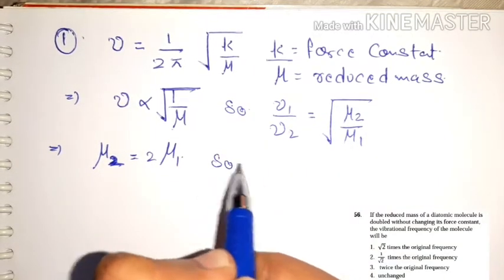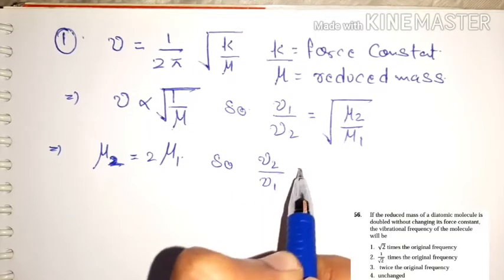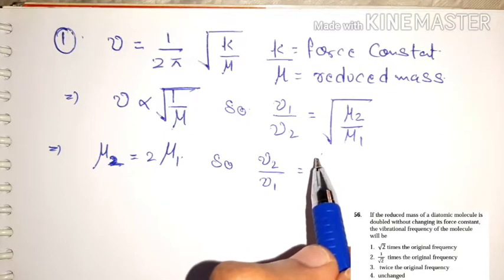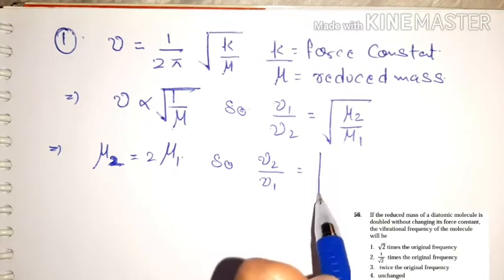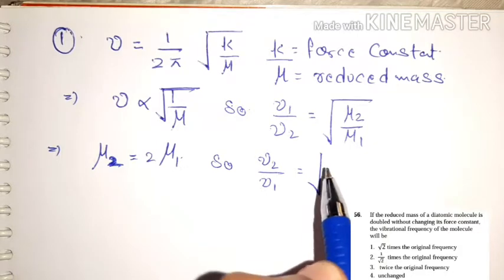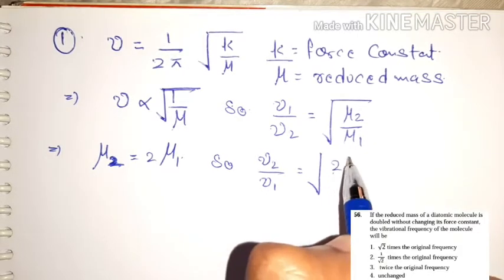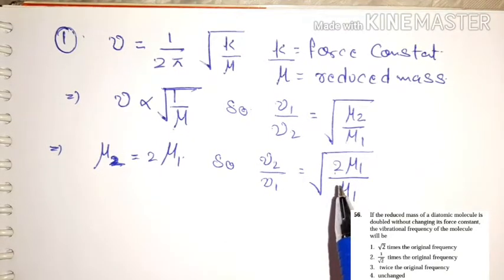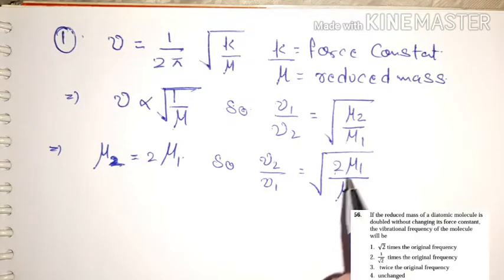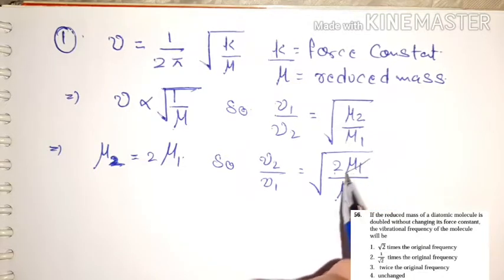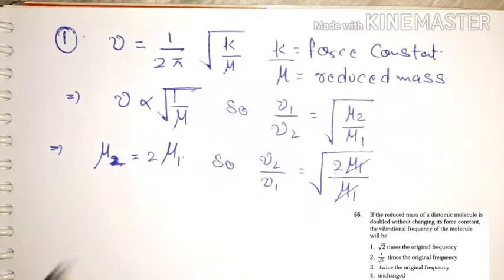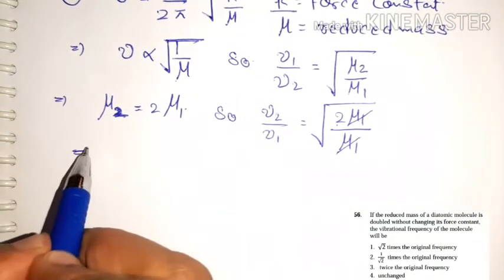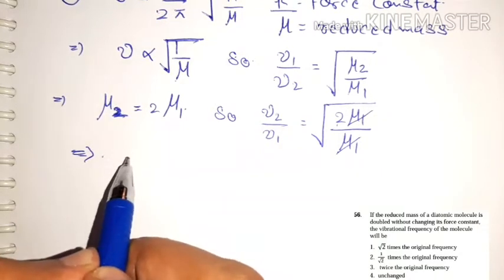So nu1 upon nu2 is equals to under root of 2 times mu1 upon mu1. This mu1 will be cancelled out by this mu1.